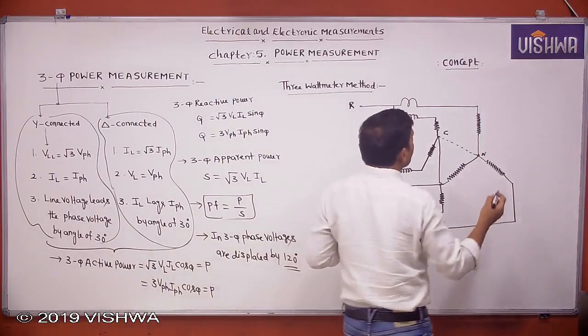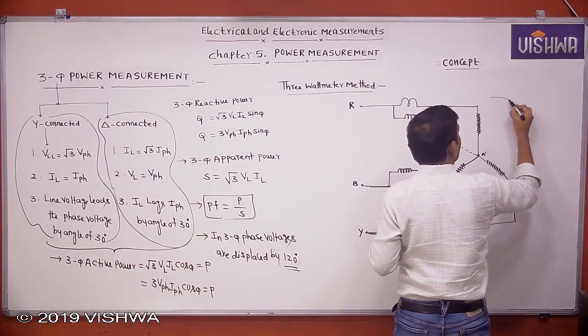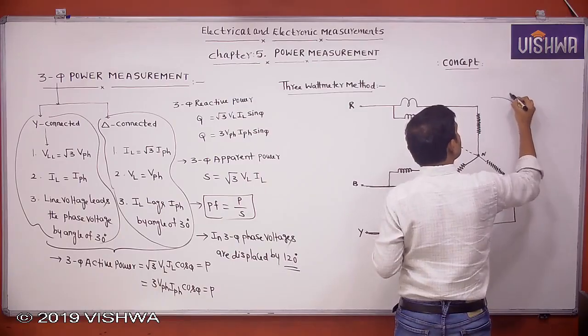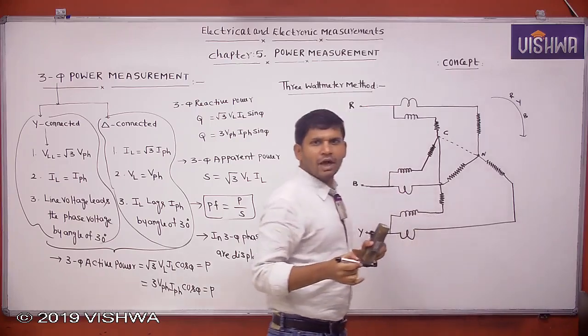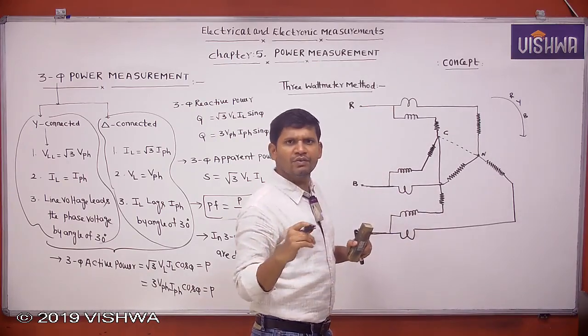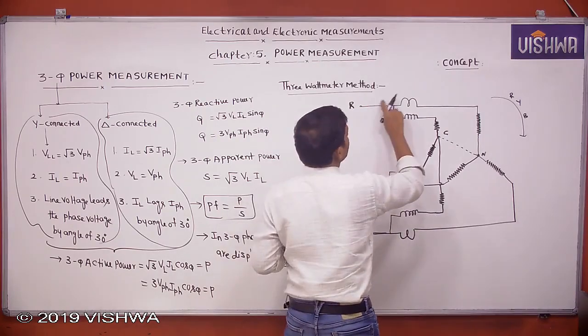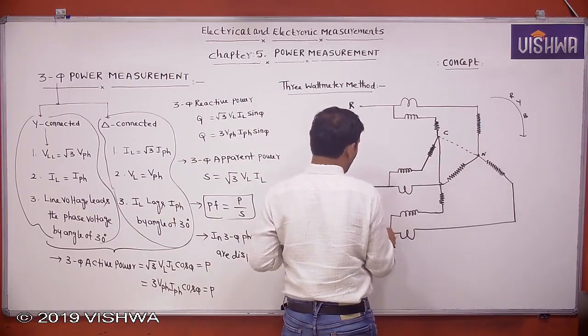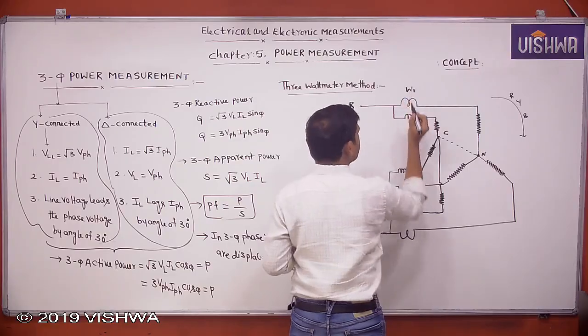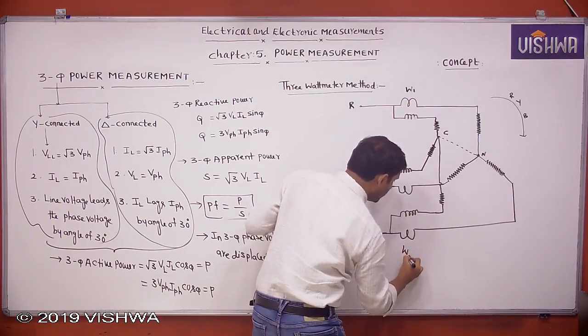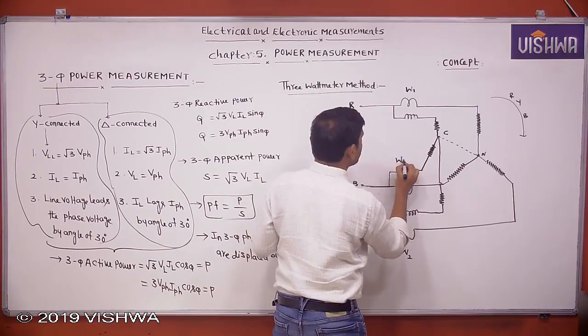Always the phase sequence is taken in clockwise direction. This is R, Y, B. Vector rotation is always anti-clockwise and phase sequence is always clockwise. This is W1, this is W2, this is W3.